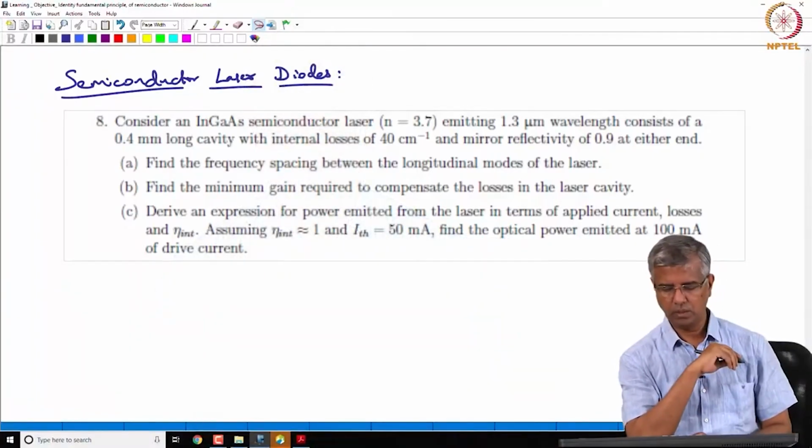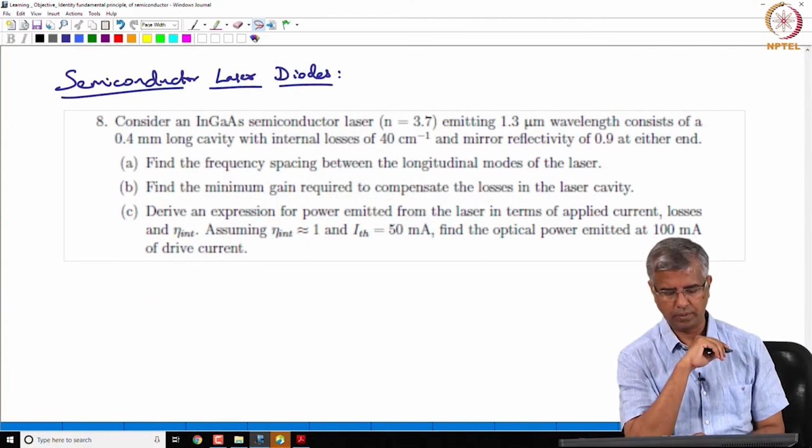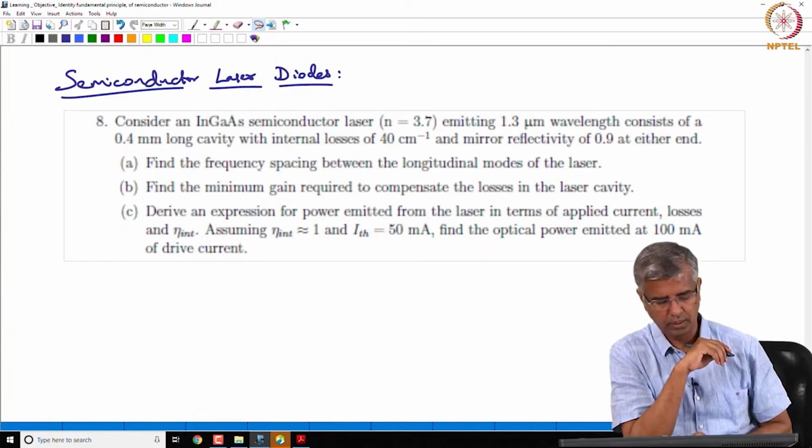So, for the laser you do not have to do anything, you just have to take a double heterostructure and cleave on either side of it, and based on that reflection you will build a laser. So, what we will do today is consider some of the characteristics of semiconductor lasers, and to help our discussion I just picked one of the problems that we have in the present tutorial.